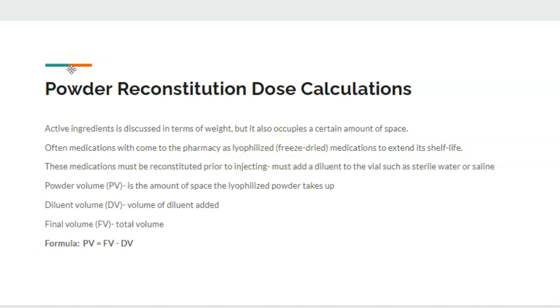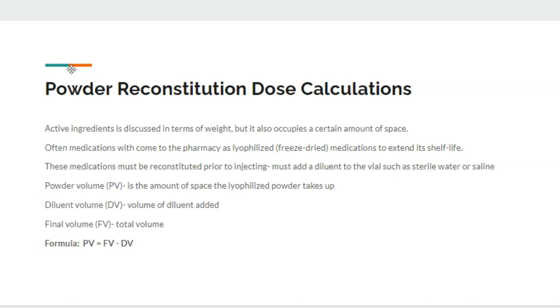The reason is that, instead of receiving everything already reconstituted, it gives it a longer shelf life. We receive it in powdered form, and then we add a diluent to reconstitute it right before we give it to the patient. So the shelf life is longer. Otherwise, they would probably go bad in an hour or two.